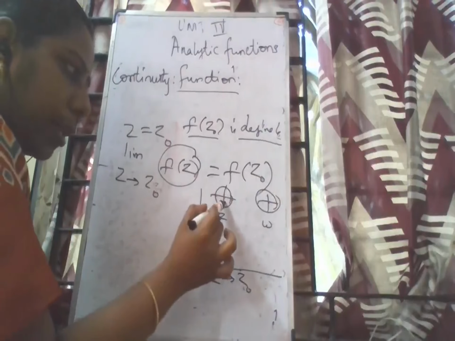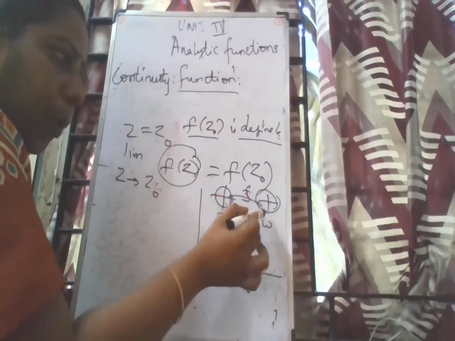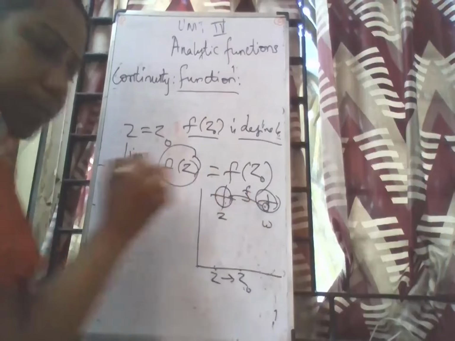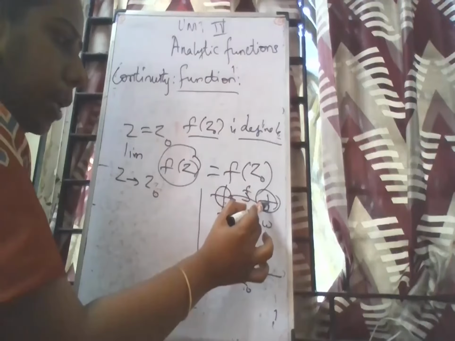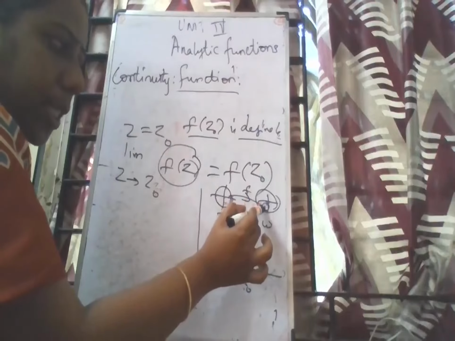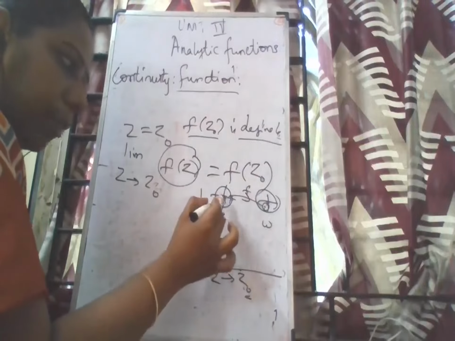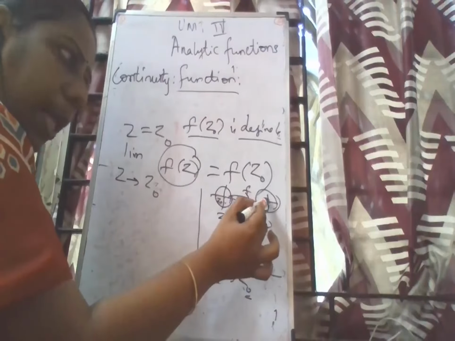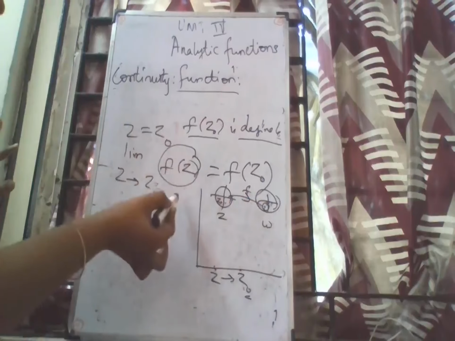For each value of z in the z plane, you will have the corresponding f of z in the w plane. You agree? For each point z, you will have a corresponding point f of z in the w plane. Similarly, if you have z naught, you will definitely have f of z naught somewhere here. F of z naught exists depending upon the function you have defined.